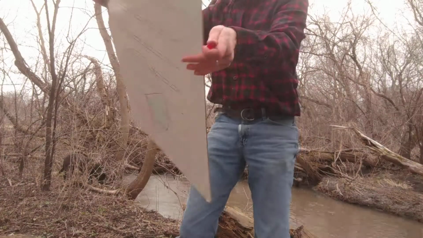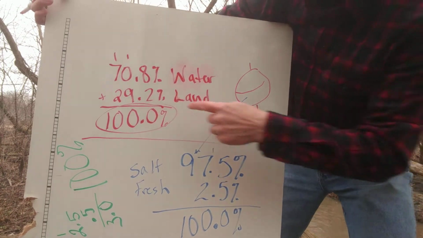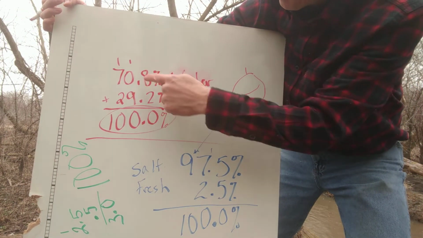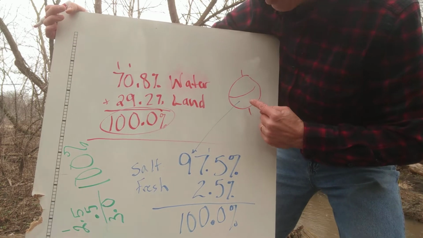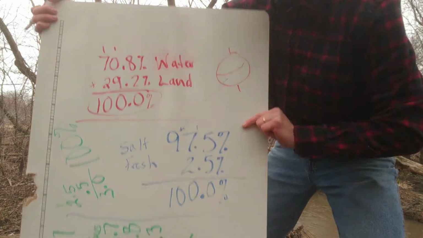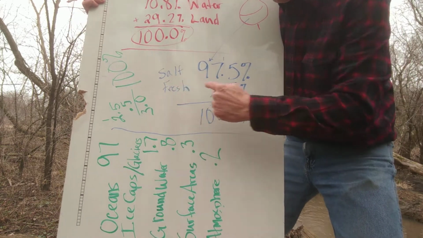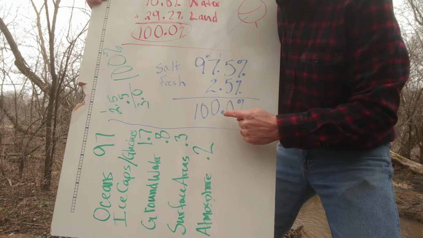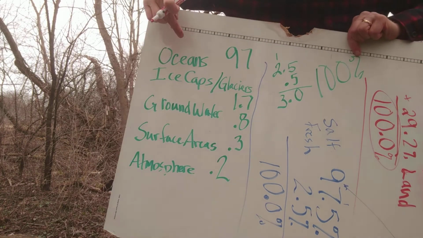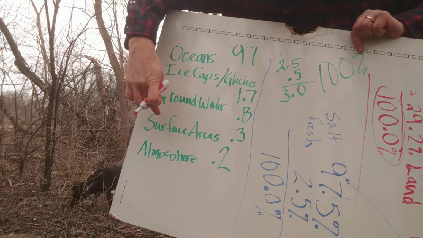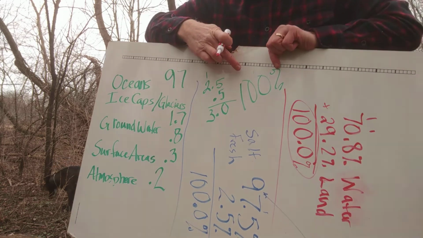So when we were looking over here, this was water, land, 100%. Most of it is water, a little bit land compared to all this what's showing on the surface of our Earth globe. Down here you can see salt. Most of it is ocean salt water. A little bit is fresh, still equals 100%. When we look over here, all of our oceans, ice caps, groundwater, surface areas, atmosphere, we add those up, 100%.